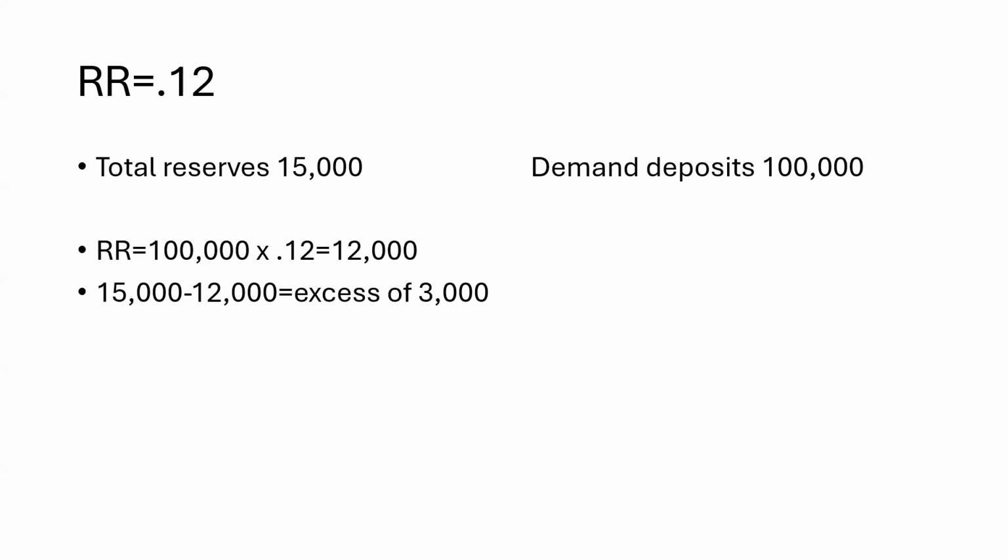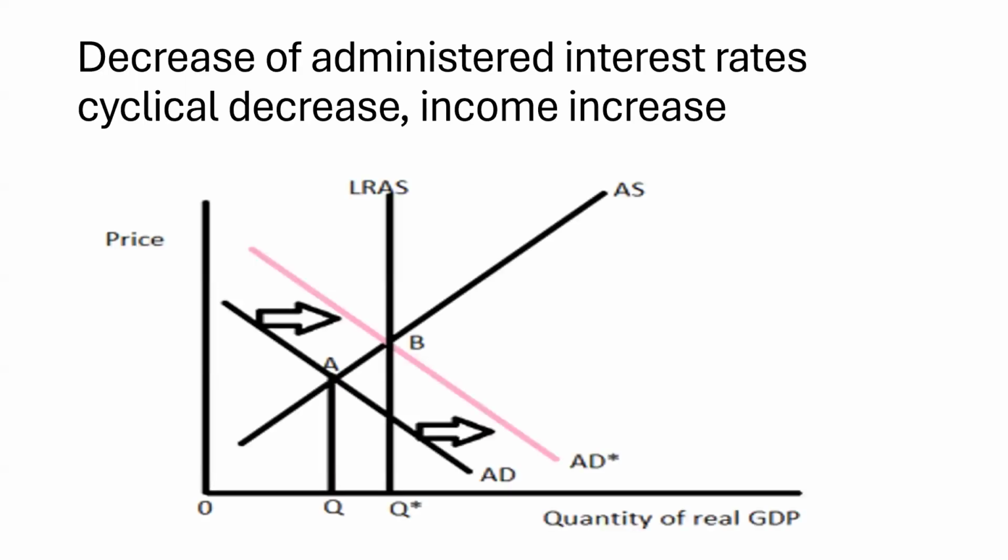6 and 30. Country H, its current domestic output is lower, so I've got a recessionary gap. Assume the central bank now decreases its administered rate. If interest rate goes down, what happens to business investment? It increases.